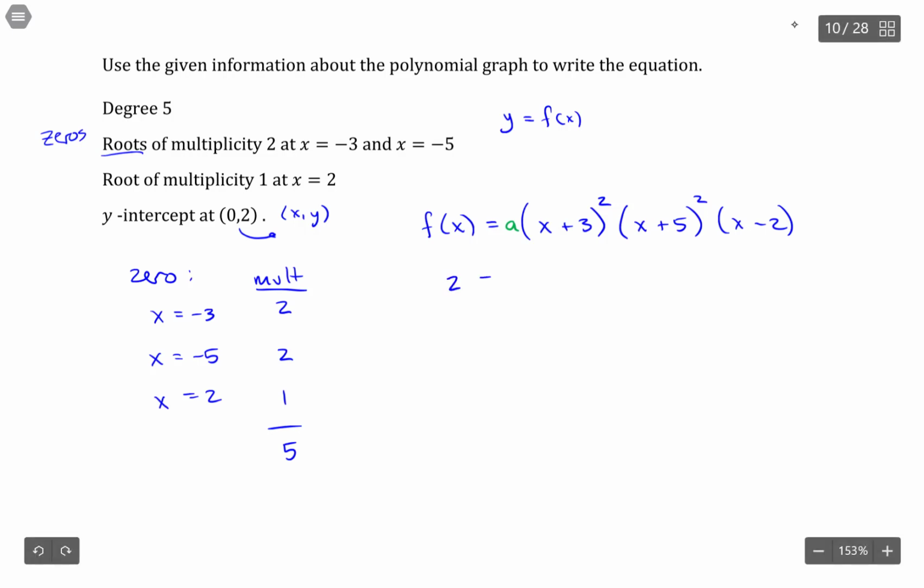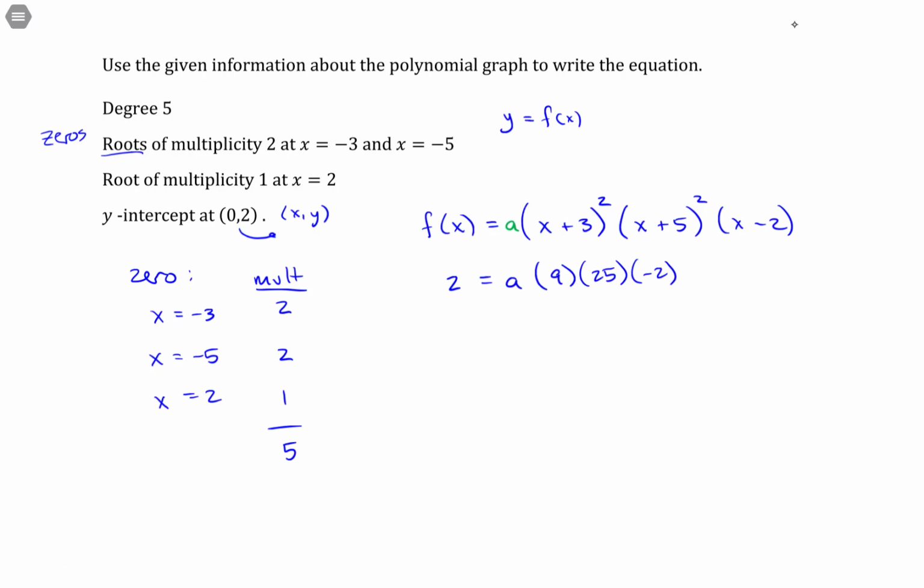So I would have 2 equals a times, and if x is 0, this would be 0 plus 3 squared, which is 9. 0 plus 5 squared is 25. And 0 minus 2 is -2. Now to adjust for this, I can make it a little easier.